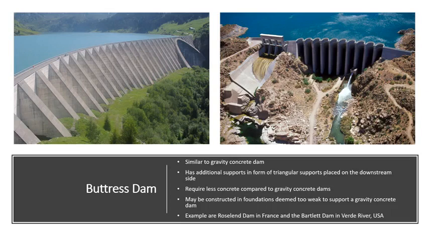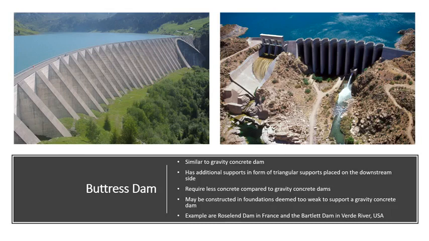Another type is the buttress dam, and it's actually similar to a gravity concrete dam except that it has additional supports placed on the downstream side of the dam. And it actually requires less concrete compared to gravity concrete dams.